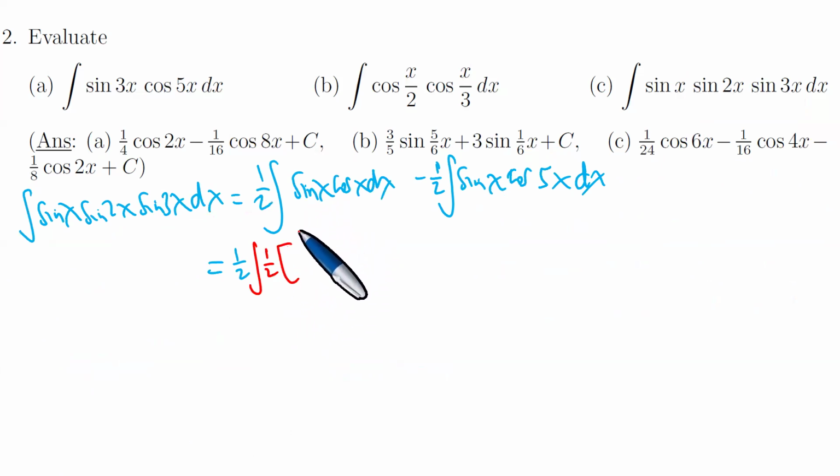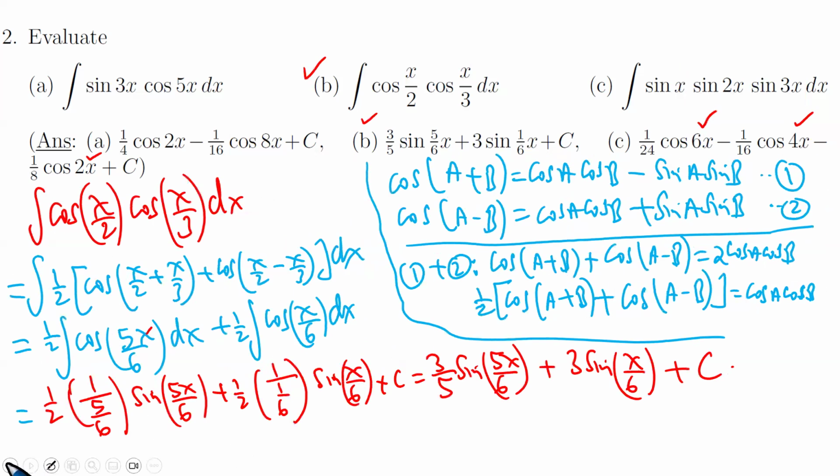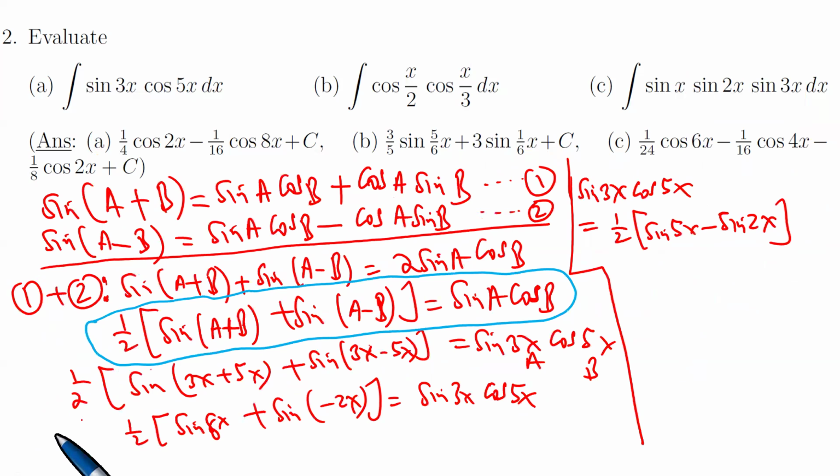You add up the angles, because if you have sine cosine, then it becomes sine, but you add up and then subtract.